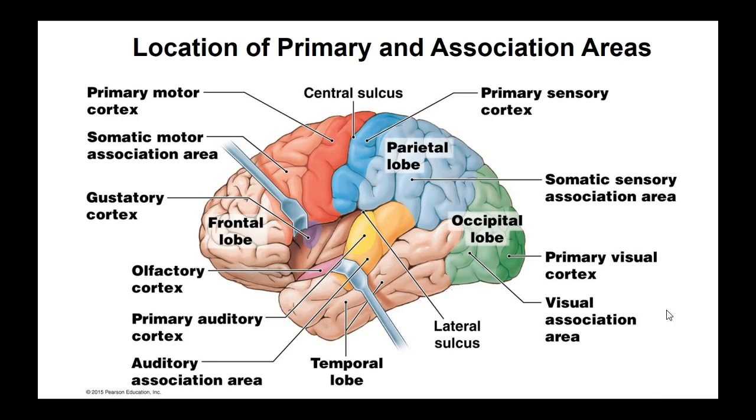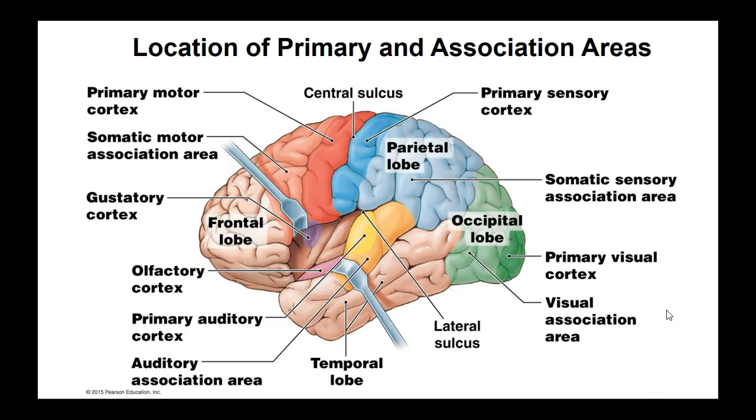So here, broadly breaking up the primary and association areas, we can see that they're anatomically usually in close proximity to each other. Now remember, what's the primary area doing? What's the association area doing? Well, if it's a primary sensory area, it's receiving information.